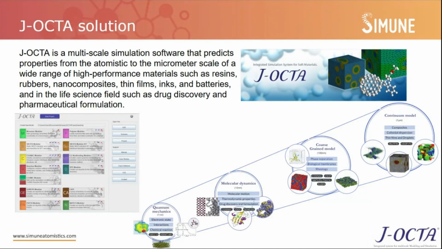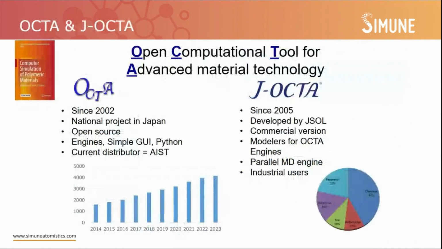And it can do so for a wide range of materials such as resins, rubbers, nanocomposites, batteries, but not only, also in life science fields such as drug discovery and pharmaceutical formulation. Now, what you see here on the left is the image of the starting page of the J-OCTA software, but we will look at it in detail in the second part of this webinar.